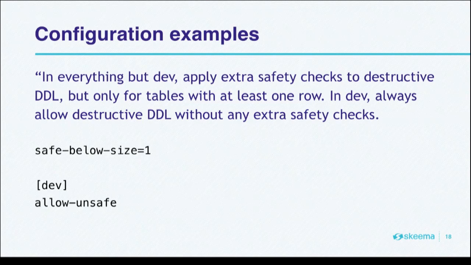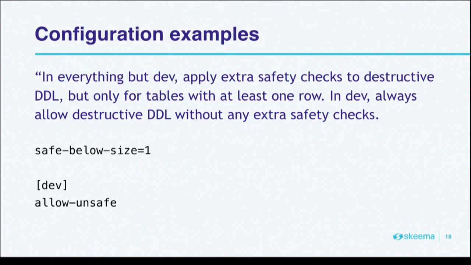So you could say, in all environments except for dev, which is what this does, basically it's a config statement that is not inside of any environment group. So this applies to everything. So it's saying, for anything below size 1 byte, allow all unsafe operations. So as a special case, Skeema treats any table with no rows as 0 bytes, even though in reality on the file system it's like 16K or 64K or something like that.